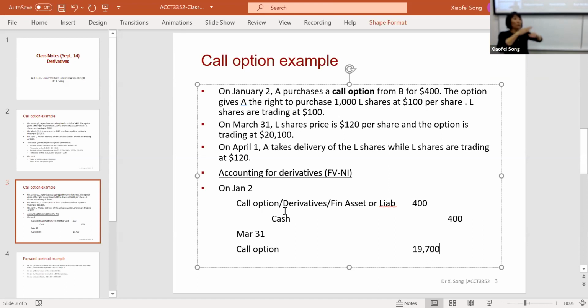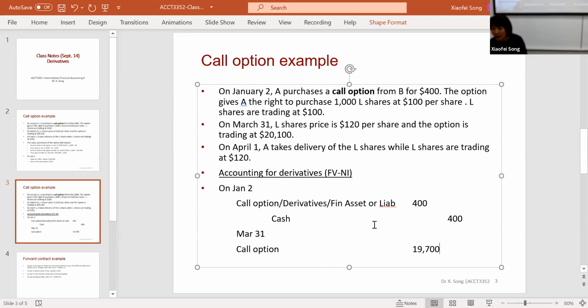Now, how much do you need to change that account to reach that level? That's 19,700, because you already have 400 in there. Your tank is not totally empty. You already have something there. So to reach that level, you don't have to add the whole amount, right? So this is really important.